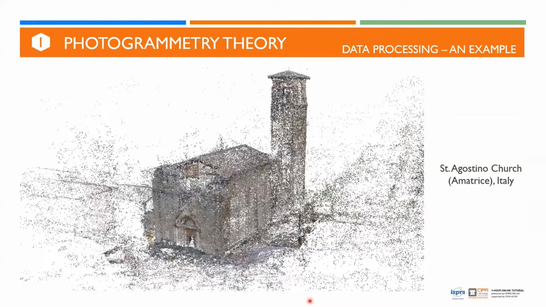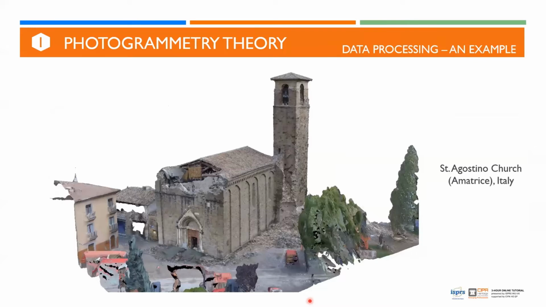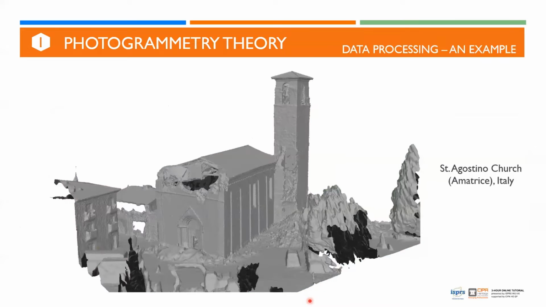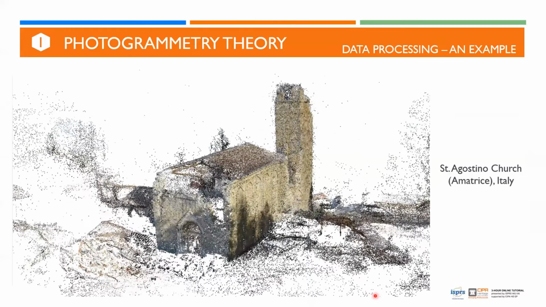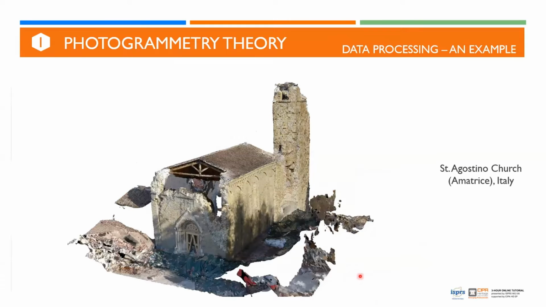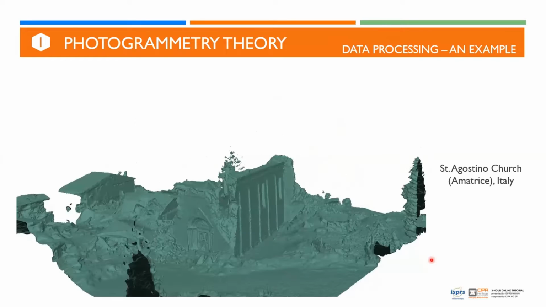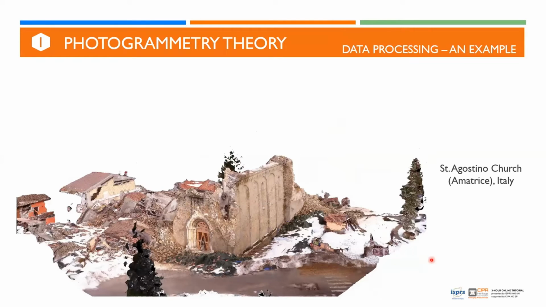This is an example of a cultural heritage that was surveyed and monitored during an earthquake. So from the sparse point cloud, the dense point cloud, and the mesh, as you can see here. Here you can see the first damages of the earthquake, but then the other damages, you can see this part and here on the bell tower, and finally this is after the third earthquake that there was.